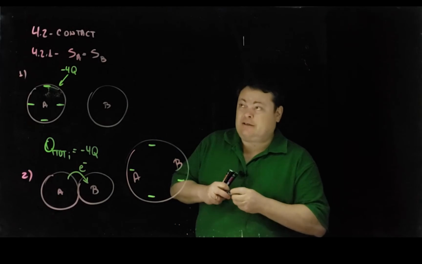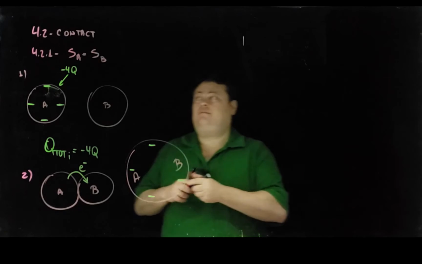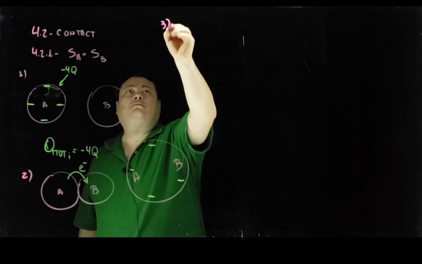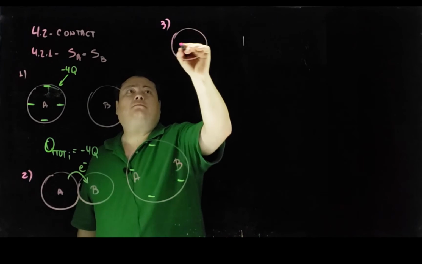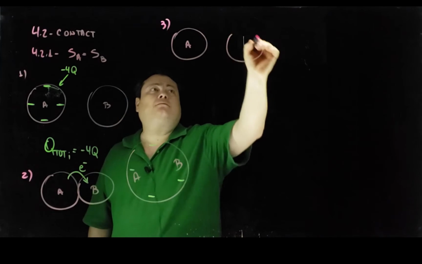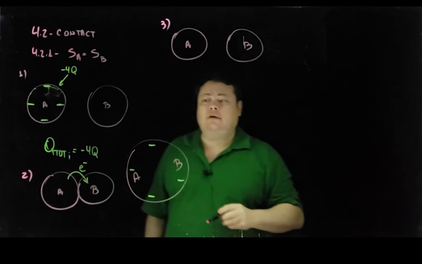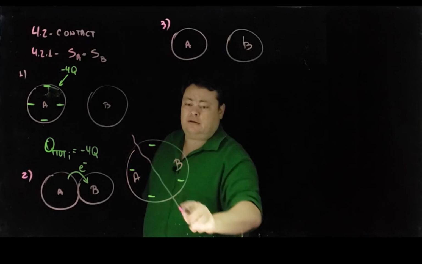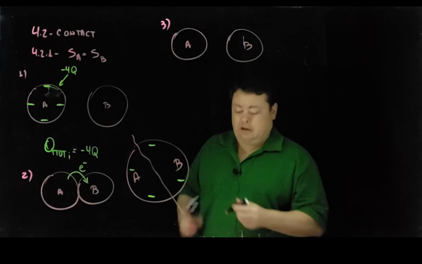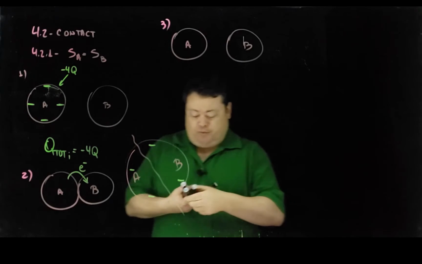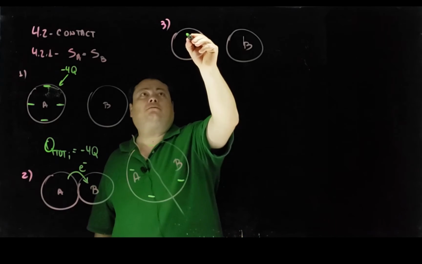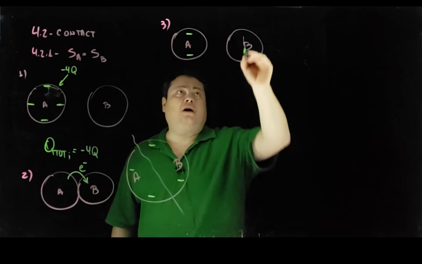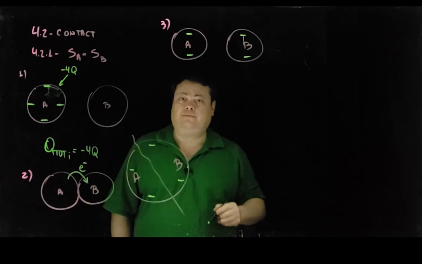Now, my next step, step number 3, is to separate them. When I separate them, what I'm doing is getting this big AB and breaking it down in half. And then A will end up with half of that charge, and B will end up with the other half of that charge.